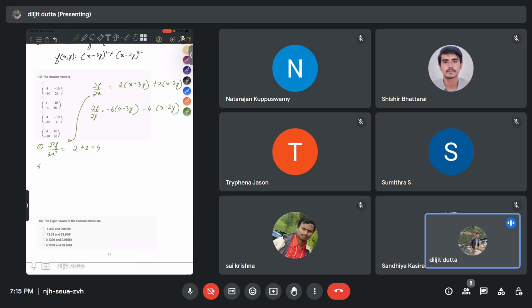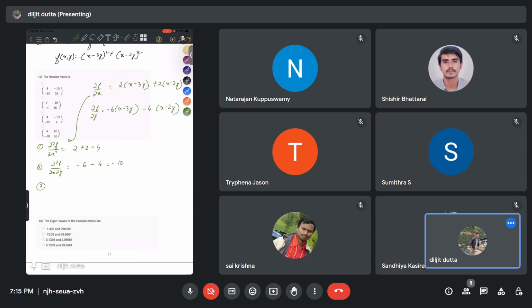Second term, del square f by del x del y. I take the derivative of this with respect to y: minus 6 plus minus 4, equal to minus 10.